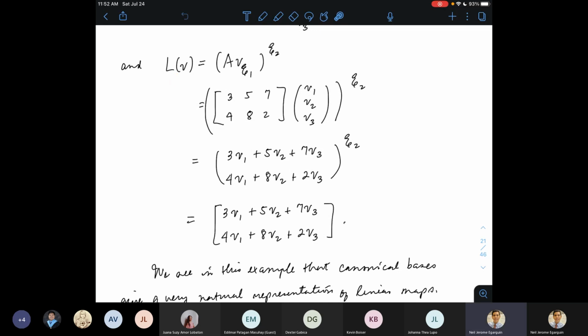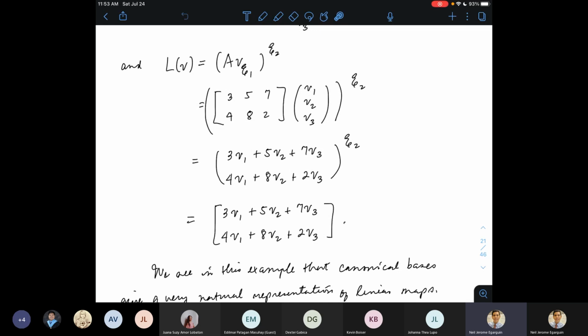Okay. Well, if you change your choice of ordered basis, you will get a different set of coordinates here, but you will eventually end up with the same vector representation for the actual image of L. Because again, any linear transformation has exactly one matrix with respect to the ordered bases, and vice versa.